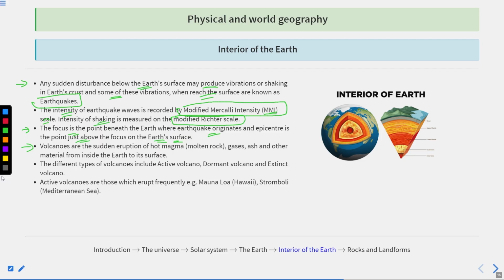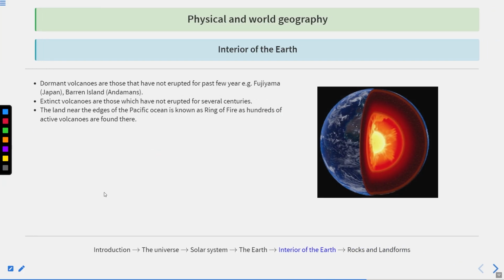If we talk about volcanoes, these are the sudden eruption of hot magma, the molten rock, gases, ash, and other material from inside the Earth to its surface. The different types of volcanoes include the active volcano, dormant volcano, and extinct volcano. Active volcanoes are those which erupt frequently, like Mauna Loa and Stromboli.